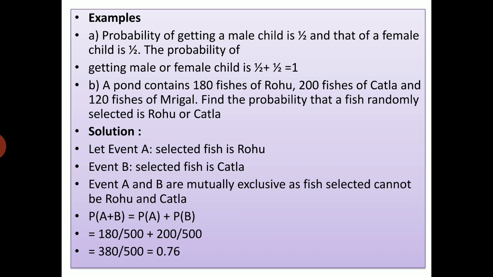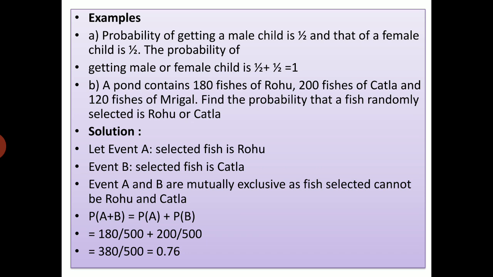So 180 divided by 500 plus 200 divided by 500 is equal to 380 divided by 500, which is 0.76. So the probability of getting rohu or katla in this particular catch is 0.76 out of 1.